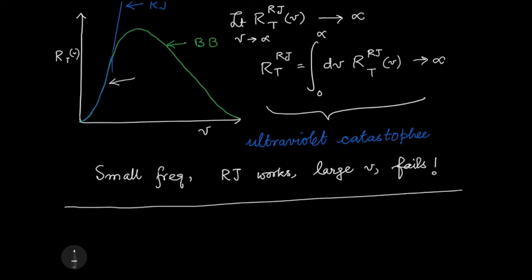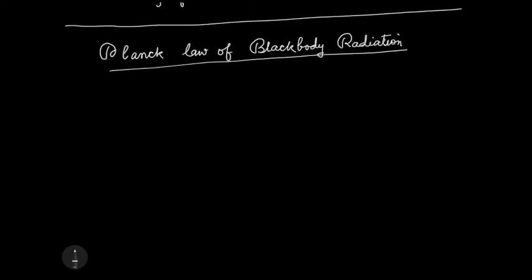Okay. So at this point you needed a new explanation of the blackbody phenomenon, which came from Max Planck. So now we will discuss Planck's theory of blackbody radiation, or Planck's law of blackbody radiation.